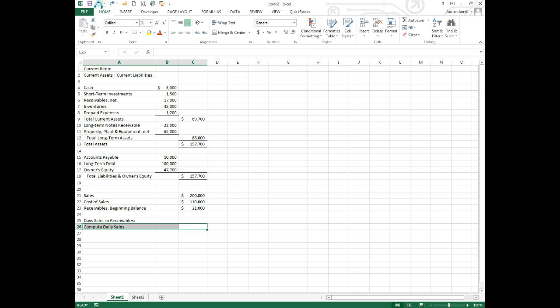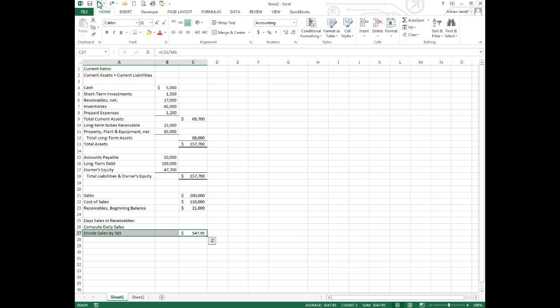For the days sales in receivables, we compute the daily sales, which is dividing our sales by 365, and we come up here with $547.95 as my average daily sales.